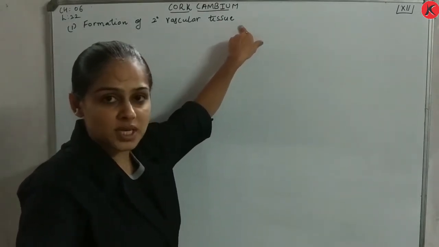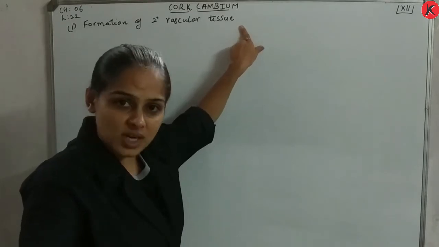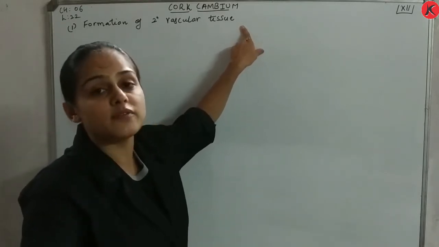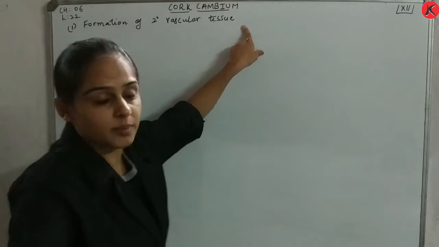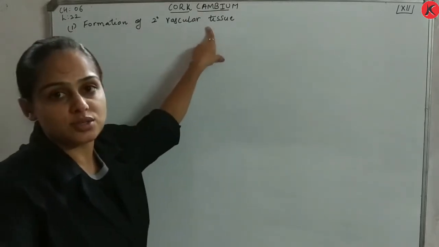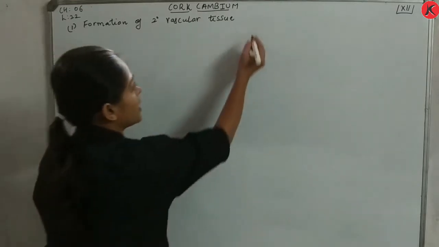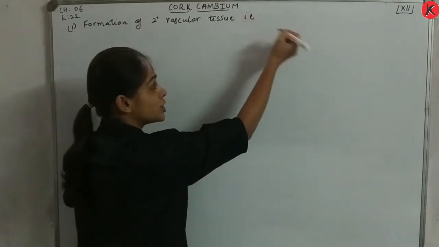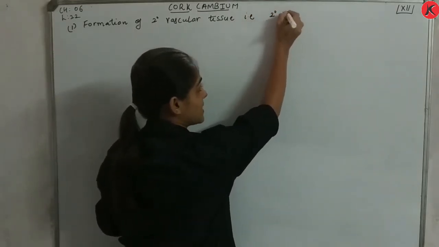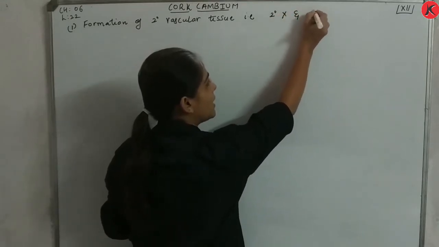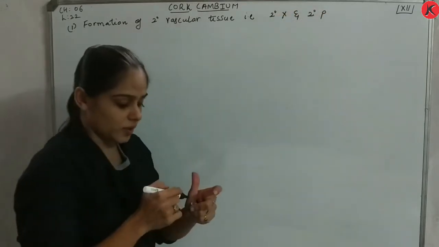Once again, what I am saying: we started secondary growth, and in it we have discussed vascular cambium. Write this heading there: Formation of secondary vascular tissue. In secondary vascular tissues, what did we study? Yes, secondary xylem and secondary phloem.